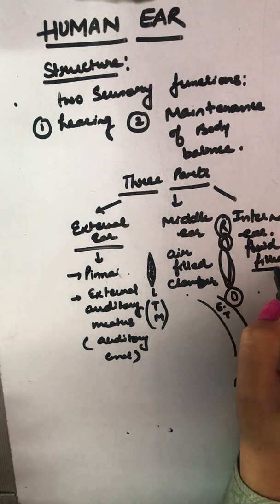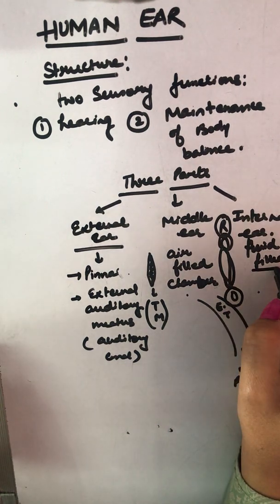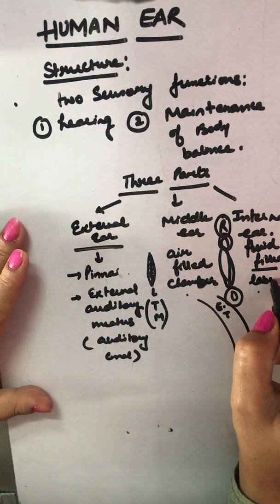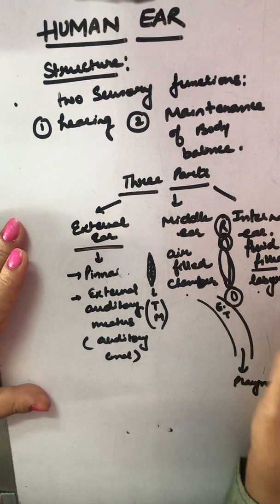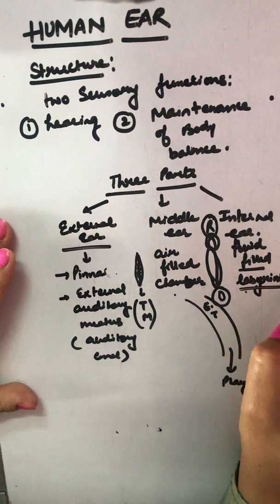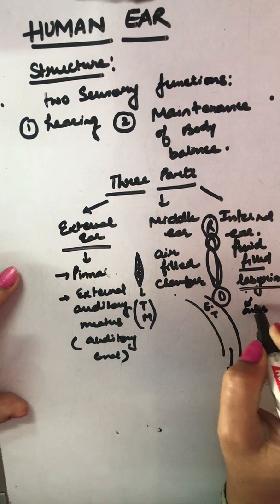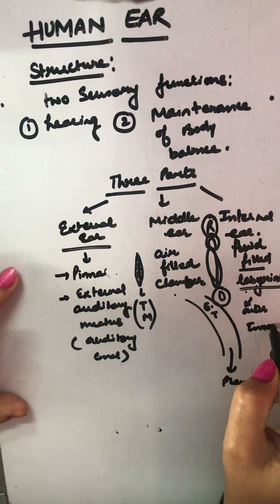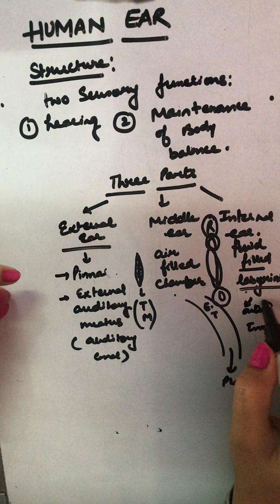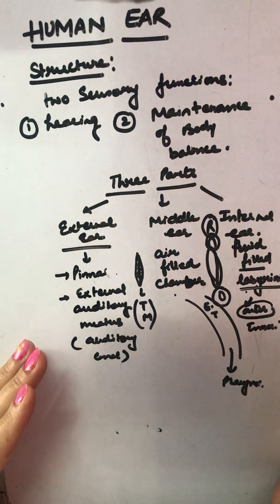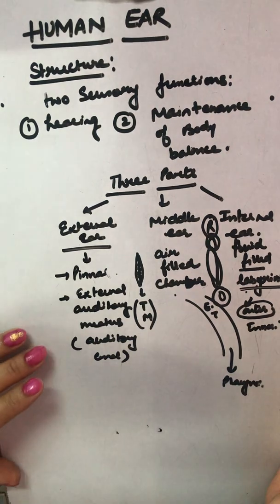The chamber which contains the fluid is known as the labyrinth. It has two parts, outer labyrinth as well as inner labyrinth. In the outer labyrinth, the membranous labyrinth is floating in the perilymph, with the fluid endolymph inside. First we will draw the structure, then we will come to the detail of this internal ear.